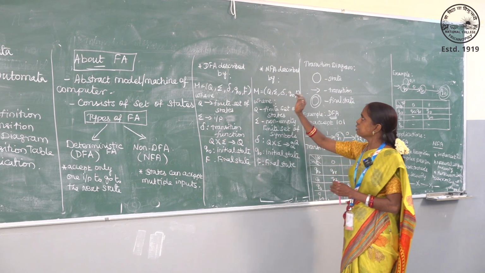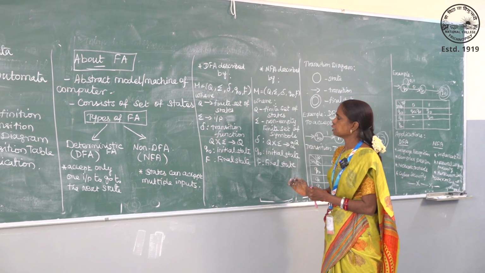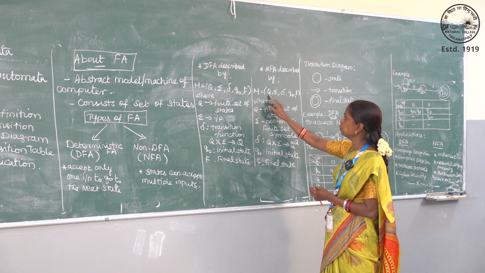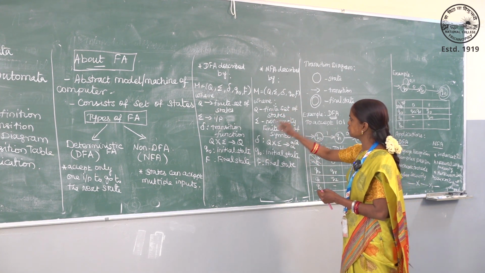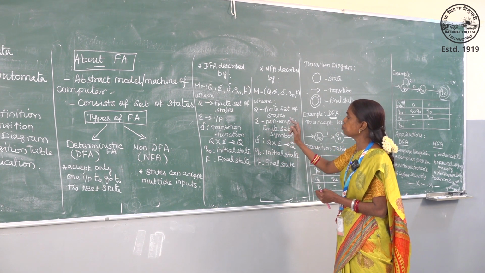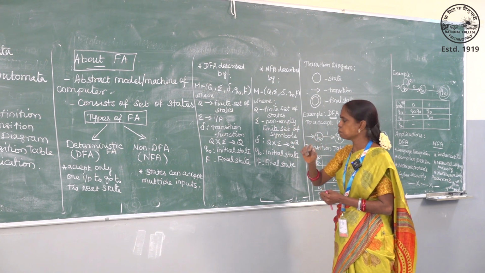Now non-deterministic finite automata. In non-deterministic finite automata, the same tuples are used: Q, sigma, delta, Q0, F. Q is a finite set of states. Here only a variation occurs in sigma: it is a non-empty finite set of symbols. It does not accept any empty symbols.